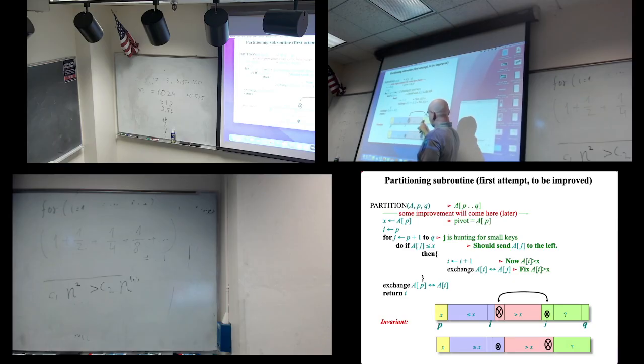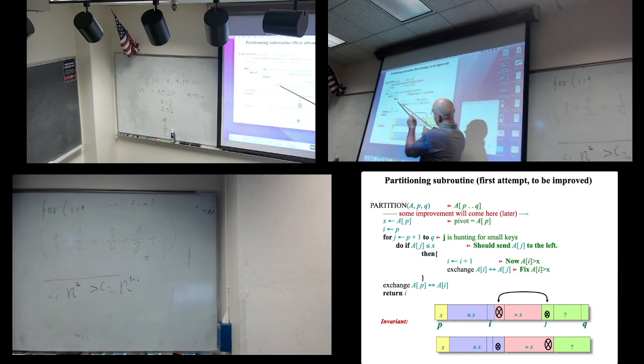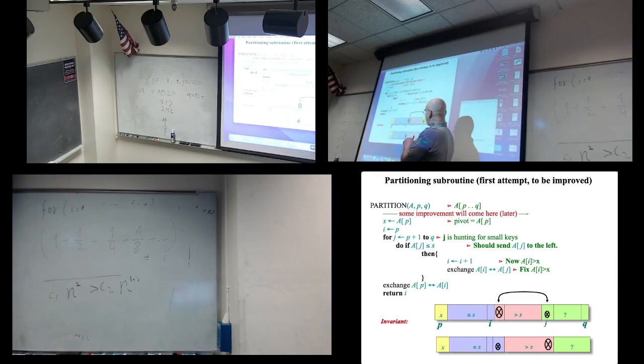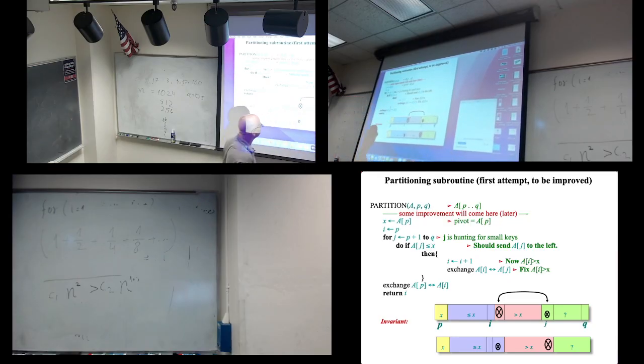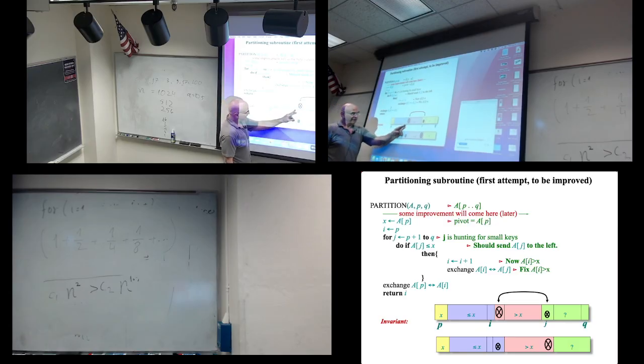What happens if I ran into an element that is smaller than x? In this case, I just ran into an element A[j] that is smaller or equal to x. A small element should be on the left side, not on the side of the big elements. What's my invariant? Starting from element I, everybody that comes next must be strictly larger than x.